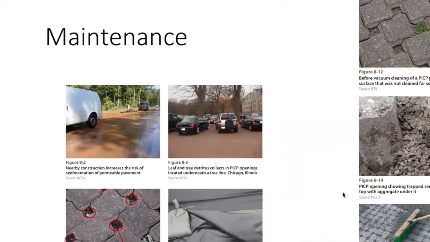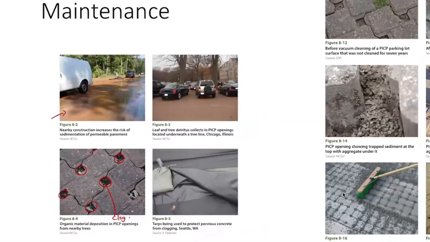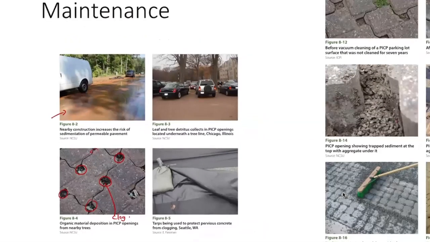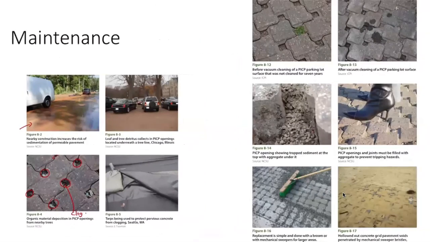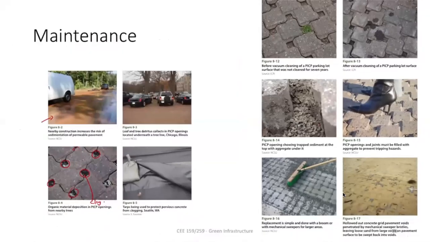And this is just an example, so that in the upstream, if there is any construction, these sediments will all be released into the runoff. And then if it is deposited here, this will all become clogged. And once that happens, as you see here, in this location there has to be a big hole, but you see that hole is missing.